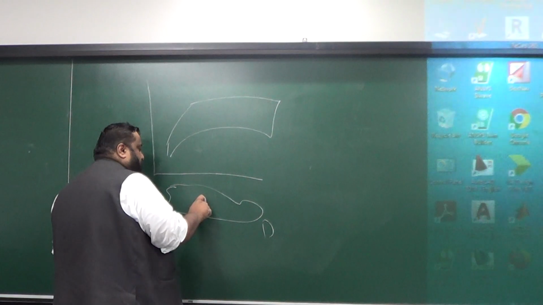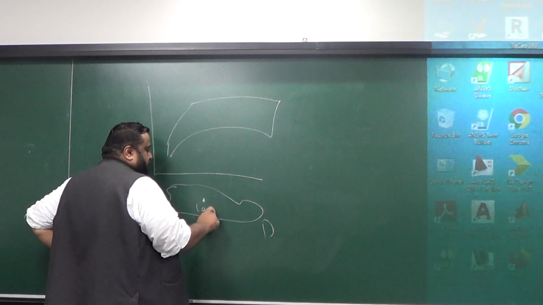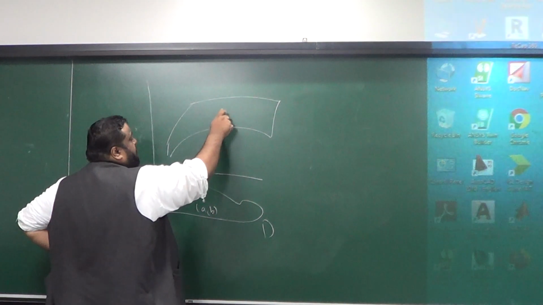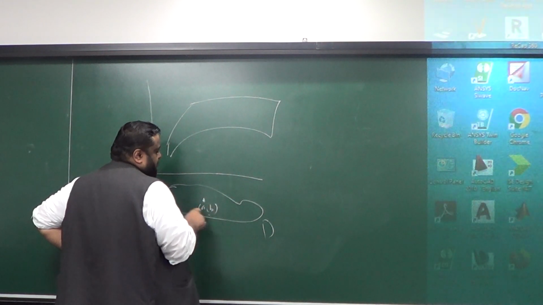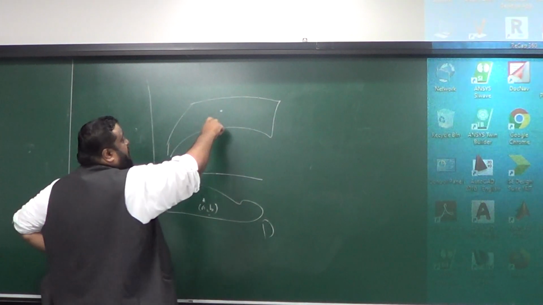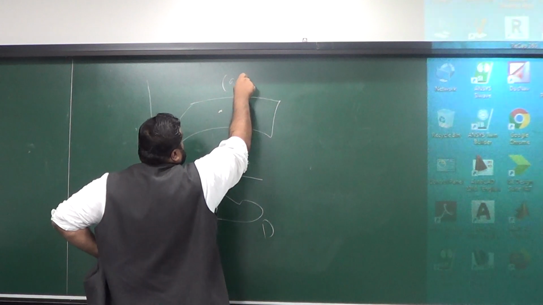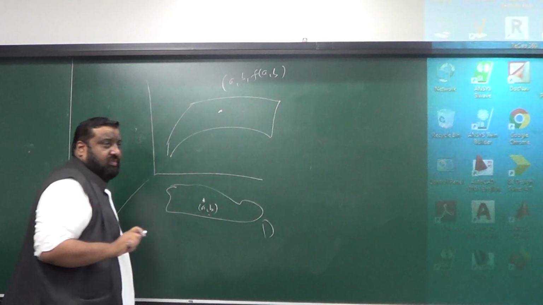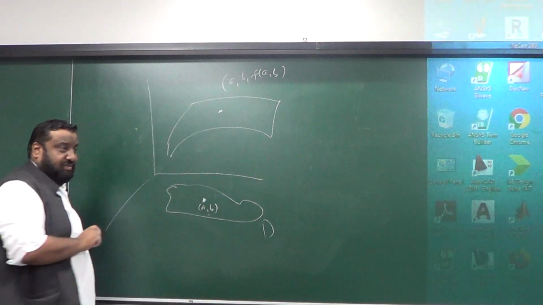So let's take a point here, and maybe this point is AB, and I have a point on this. What would be the coordinate of this? It's going to be A, B, and I want to get closer to this point AB.